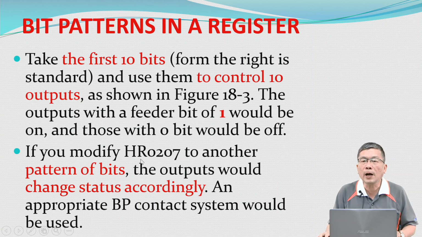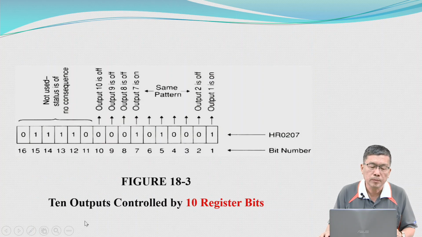If you modify holding register 207 to another bit pattern, the output status would change accordingly. An appropriate BP contact system would be used. This picture shows 10 outputs controlled by 10 register bits.